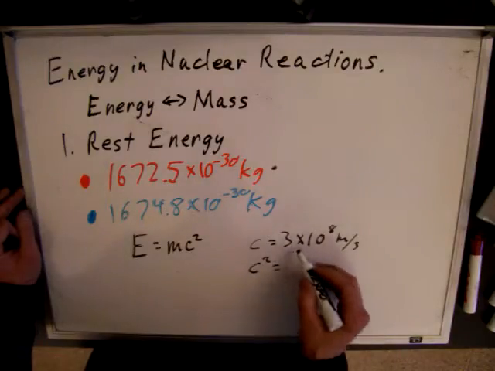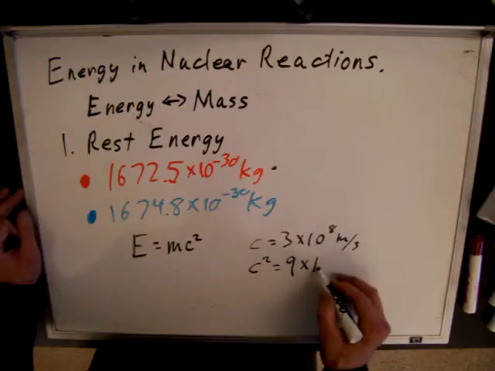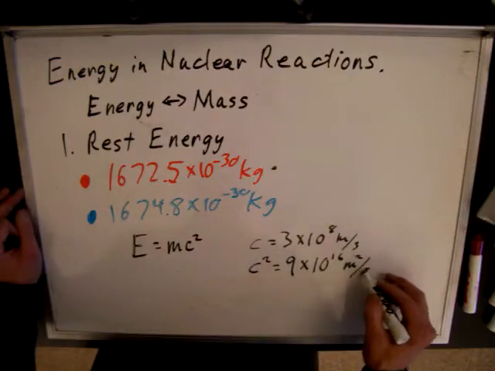c squared then must be 3 times 3 is 9, 10 to the 8 squared is 10 to the 16 meters squared per second squared.